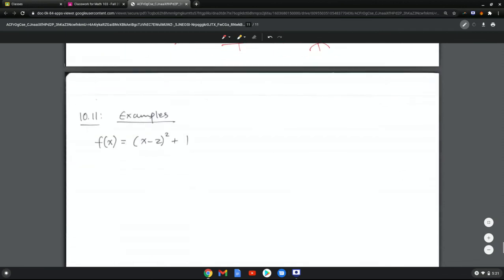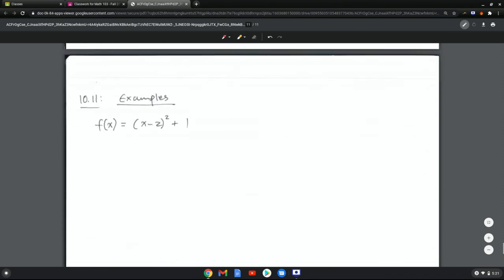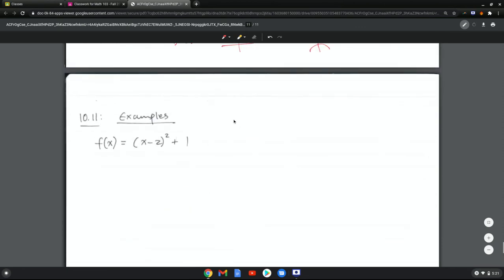Another example. Again, the y-intercept is 0 minus 2 squared plus 1, which is 5, so that is 0, comma 5. The x-intercept is when x minus 2 squared plus 1 is 0. Again, there is no real solution.